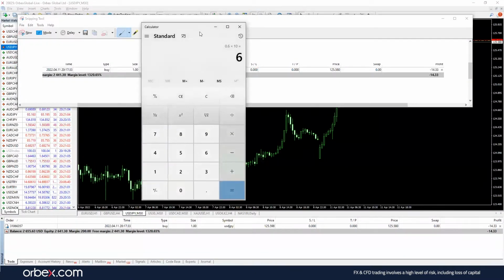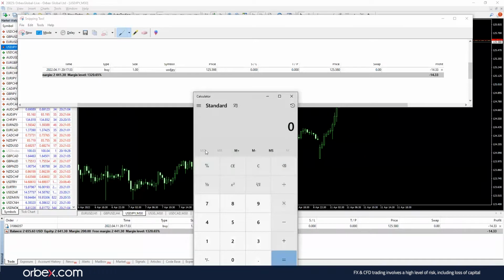So now what I'm going to do is open price 125.598 minus 125.58. So 1.8 pips. And because I did a buy position and the current price is lower than the open position, then I know that I'm in a minus already because I want to buy. If I was selling, it would be fine because the current price is lower than my open price.